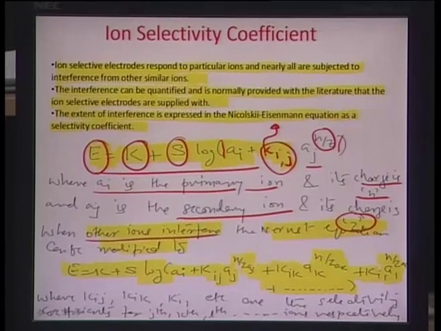So, this is essentially an extension, with multiple terms of the same series we showed before, for expressing the modified EMF in the presence of interfering ions. Kij, Kik, Kil, etc. are the selectivity coefficients for the jth, kth and lth ions respectively.